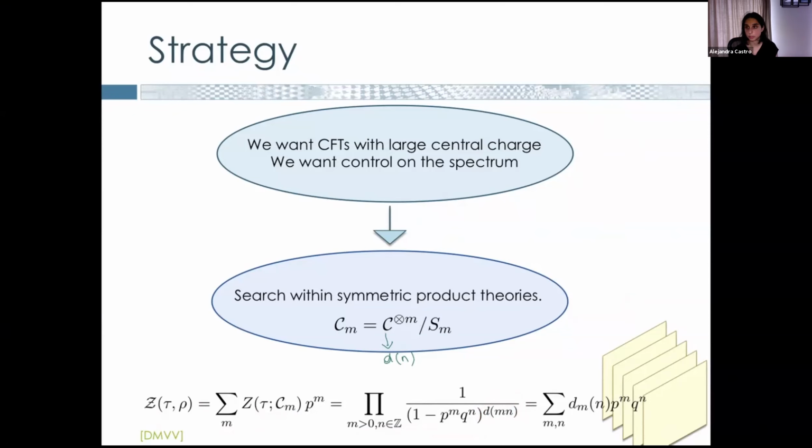So you have a lot of control on the spectrum based on the fact that you know what the seed does. But there's a problem with this theory.